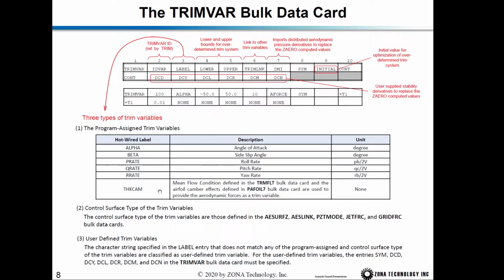Okay, if it does not match any of these, then we call it a user defined trim variable. In this case, you have to input those force and moment derivatives with respect to this trim variable. For example, if I say the label is thrust, then thrust becomes a user defined trim variable.